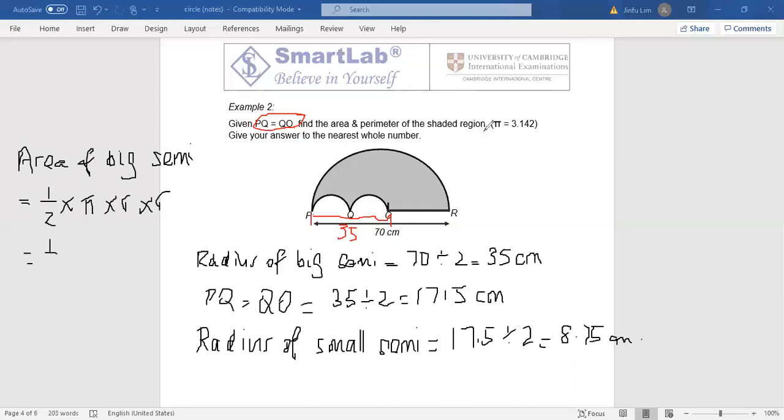We just use the value here, which is 3.142, but normally the value of pi is 3.14. The radius for the big semicircle is 35, so times 35 times 35.